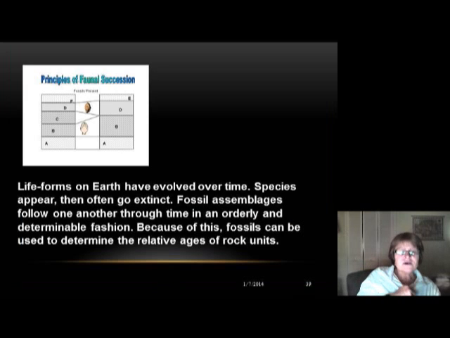And this here is the very last principle, the principle of faunal succession. And this is very important too. Basically, this is based on evolution. However your belief system goes, you have got to know this.